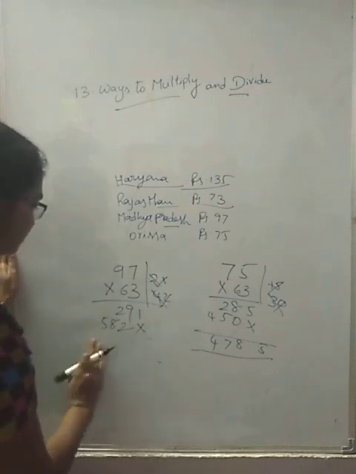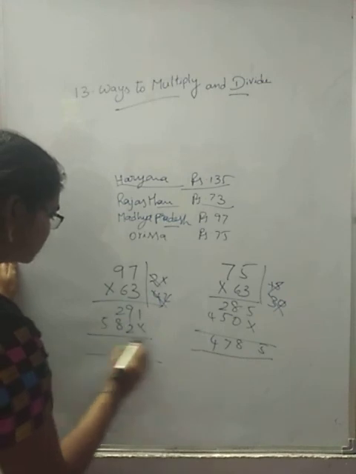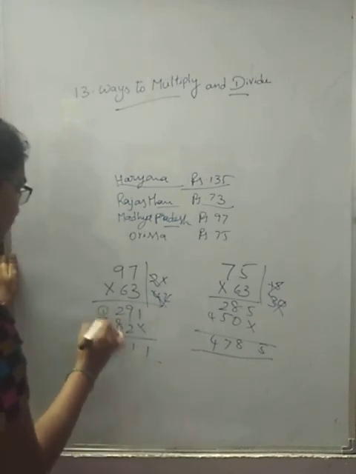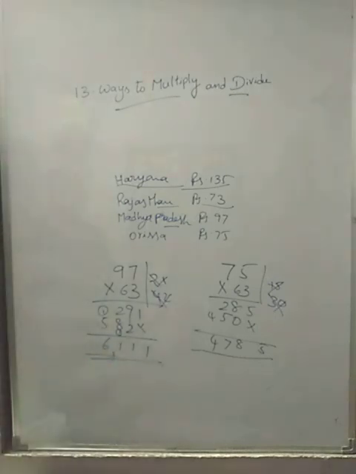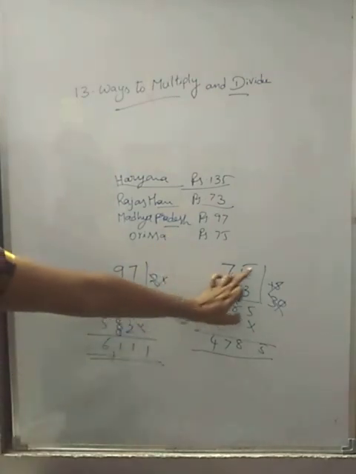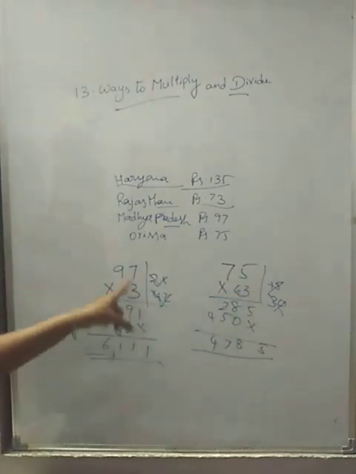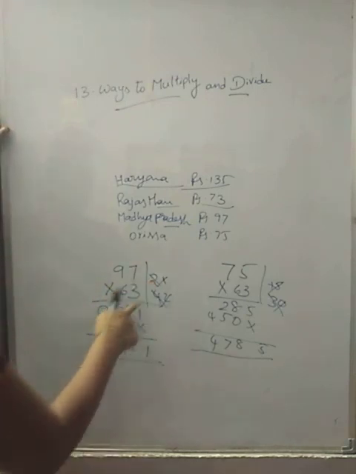See here. Addition. Here, Madhya Pradesh 97 rupees for 63 days and Orissa 75 rupees for 63 days. 3 7s are 21, 1 we should write here. 3 9s are 27, 27 plus 2, 29.